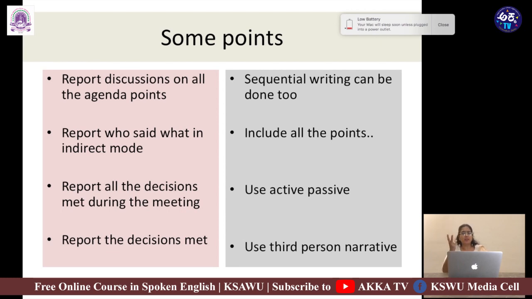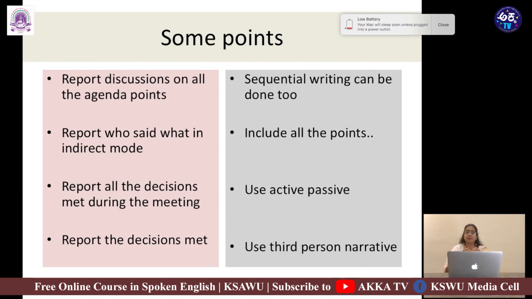The second thing is sometimes it can be inverted pyramid and sometimes it can be sequential writing. So we write the chronology. This happened first, then this happened, then this happened. And in this case, the last point also can be the most important point. Some meetings we can write reports based on sequence.